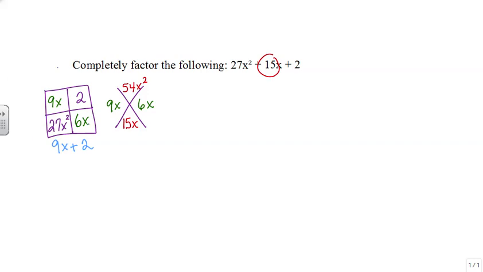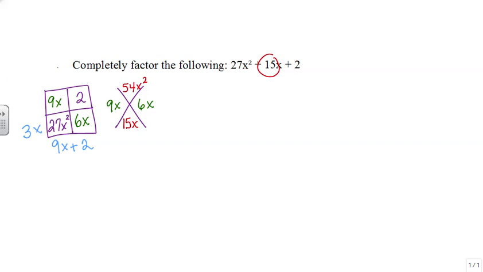In this case, 27x squared and 6x. We have to figure out the highest thing that they have in common. Also keep in mind when you factor this out, the bottom has to multiply with whatever I put here to give me a 27x squared. 27 and 6 have a 3 in common, and they have an x in common as well.